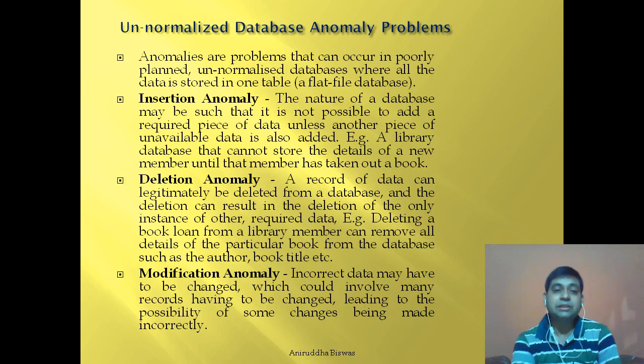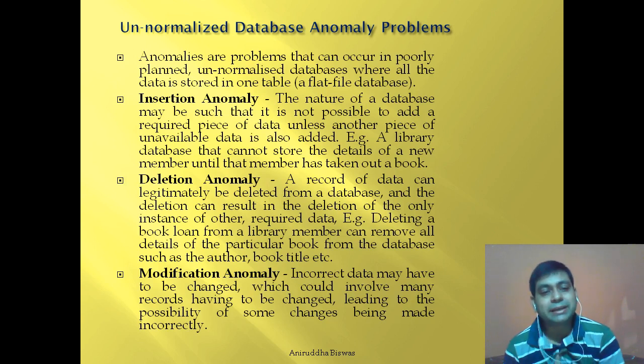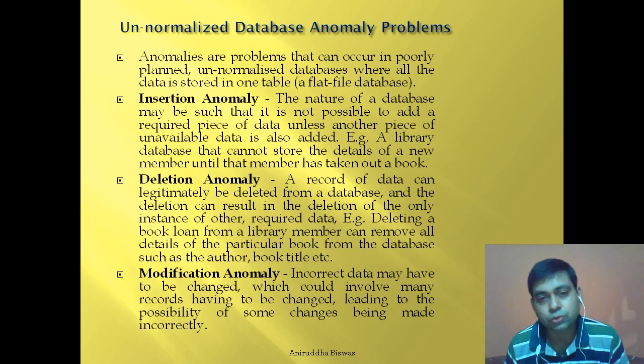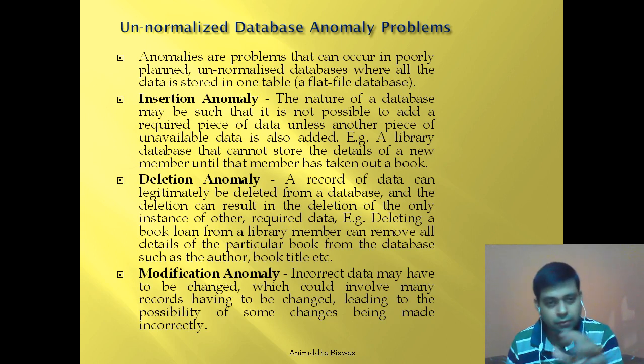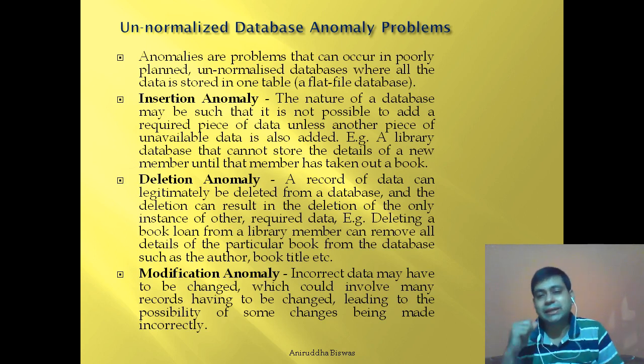Now what about the deletion anomaly? Like if we want to delete something, let's say deleting a book loan from a library, a member can remove all details of the particular book from the database, such as the author, book title, etc. Suppose a borrower who has borrowed 3 books, and now I want to remove one book from his borrowing. Now every data is stored in a single table. In that case, that means it is not normalized at all.